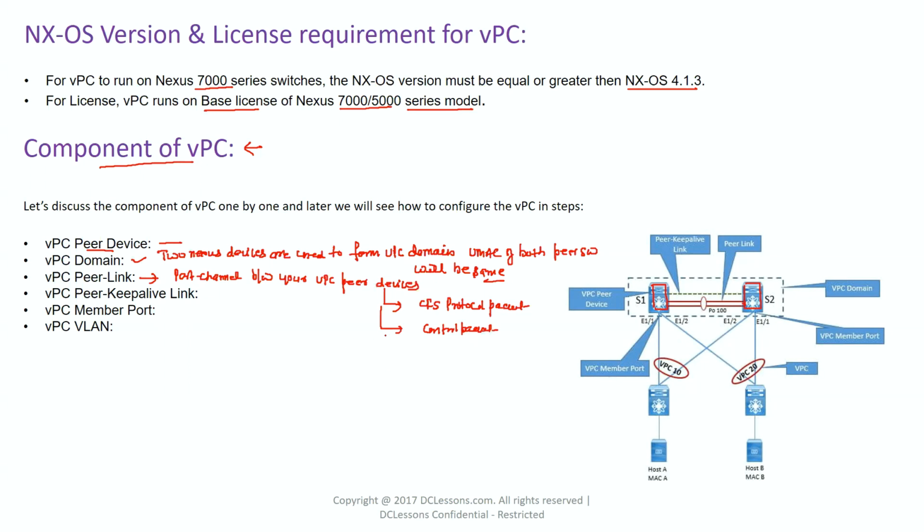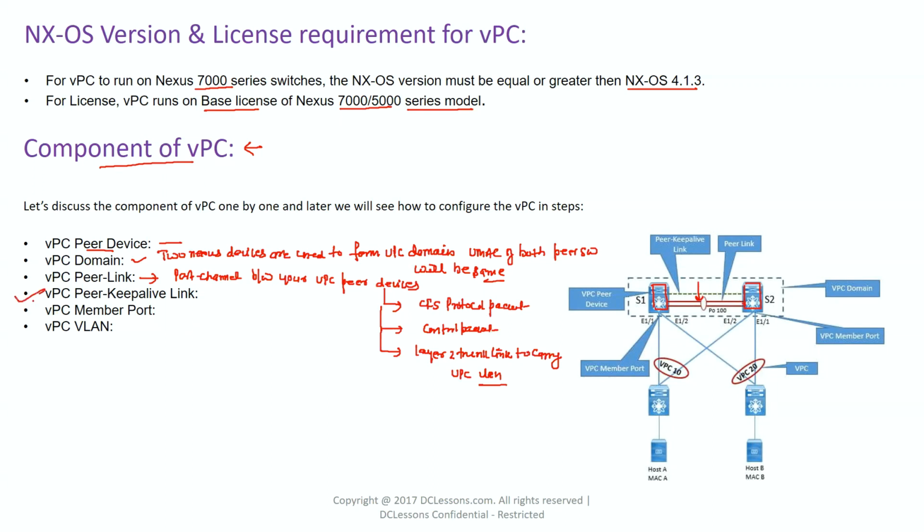And this link also carries layer 2. It is a layer 2 trunk link for carrying VPC VLANs. So if you see in the diagram, this is your peer link.